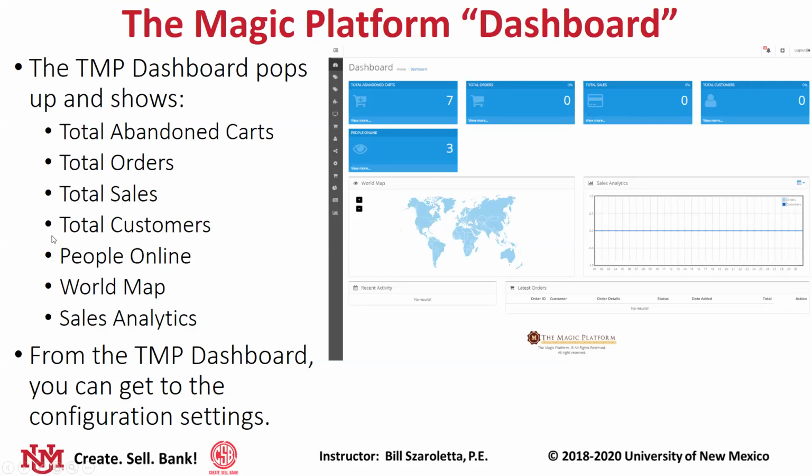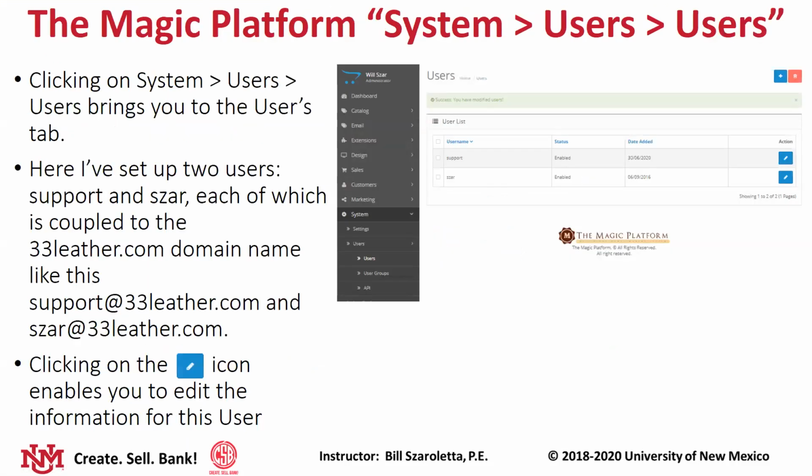It shows you at an executive level what's going on with your store, and down here on the left side, in the dark area, is the configuration settings. So if you click on System, you come down here to System, you go to Users, and then you click on Users again.